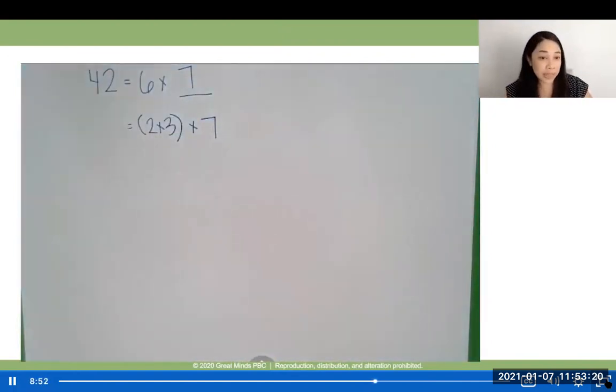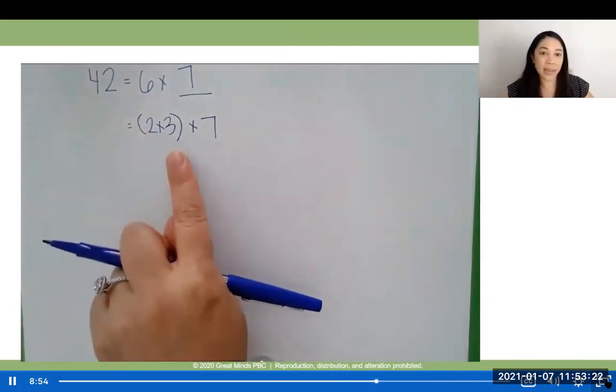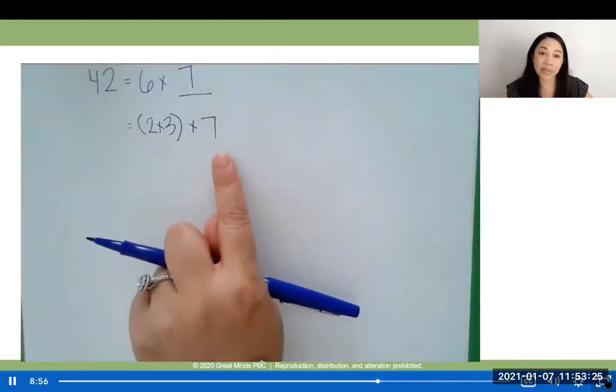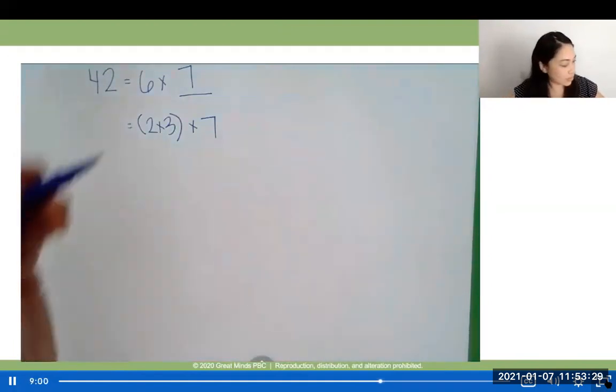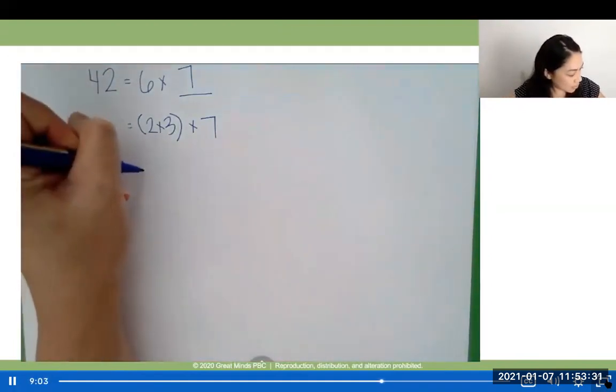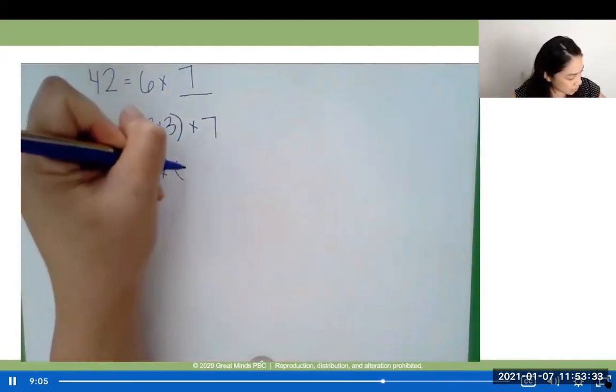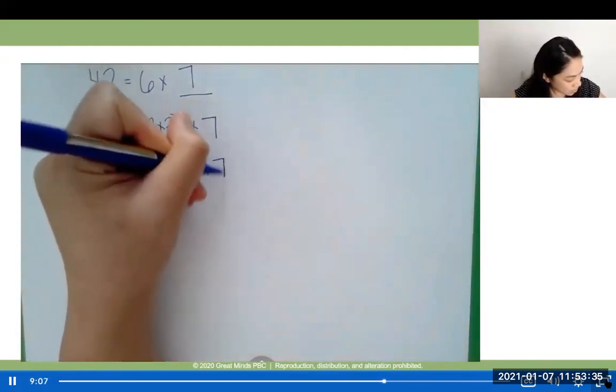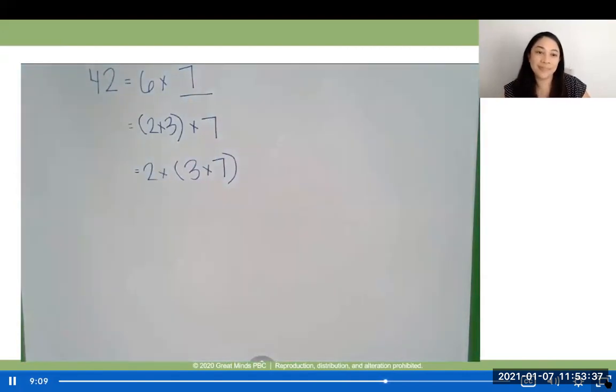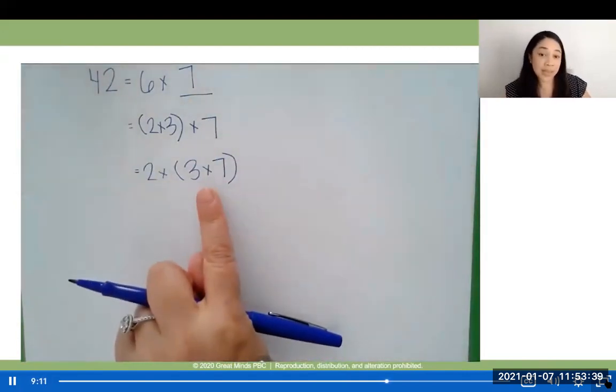Let's now move the parentheses to multiply 3 times 7 to associate 3 with 7 rather than with 2. Three times 7 is 21.